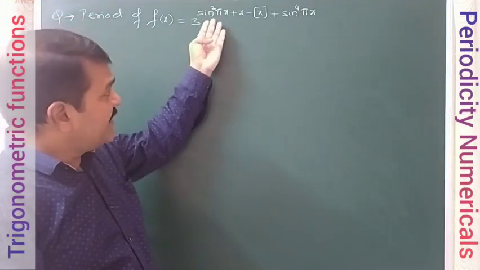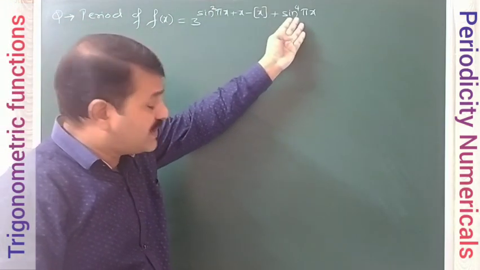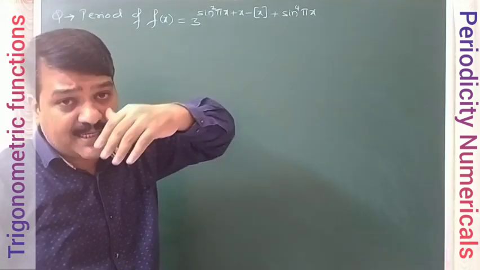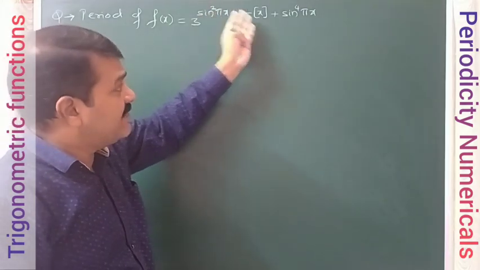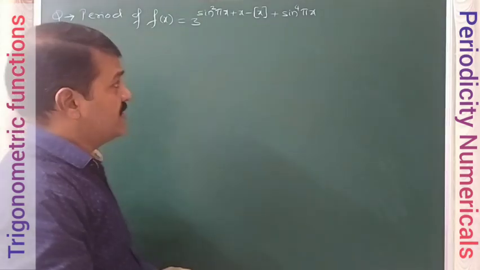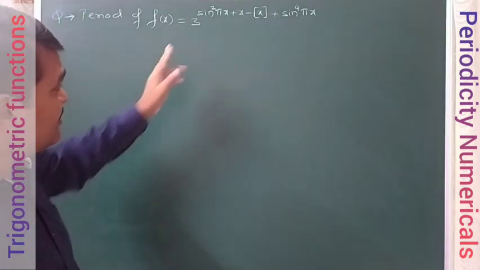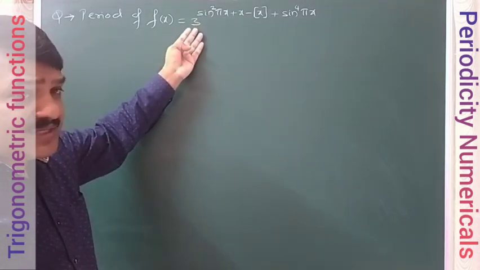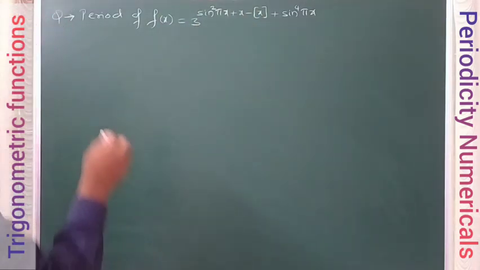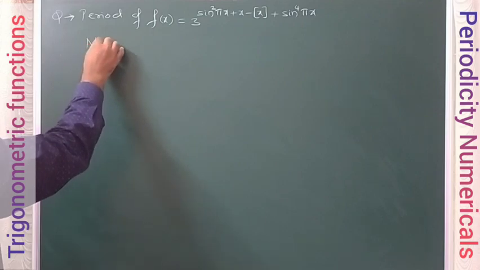But for the sine square function or sine power 4 function, we cannot directly write the period. So we have to do a bit of modification. I will take only the numerator part; I am not bothered about the 3 power.